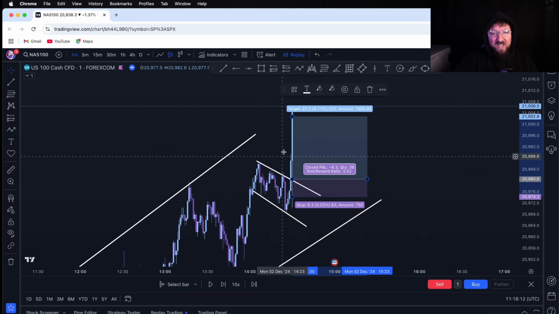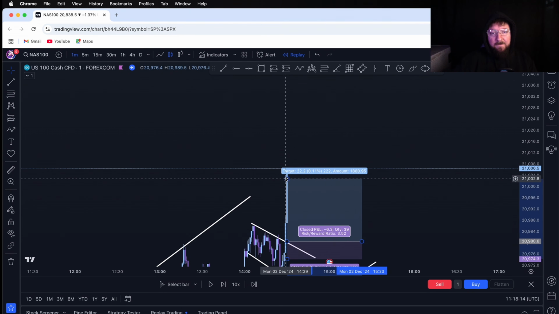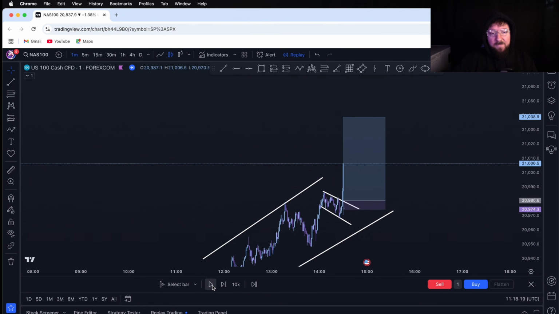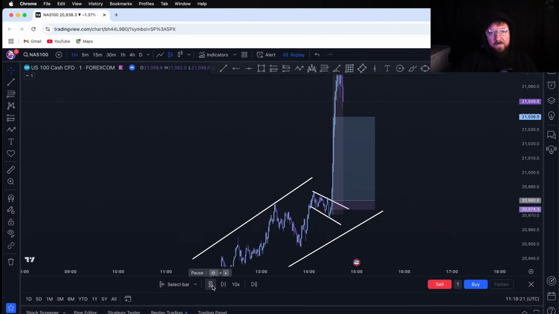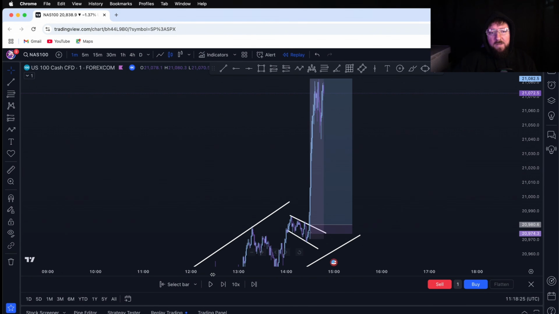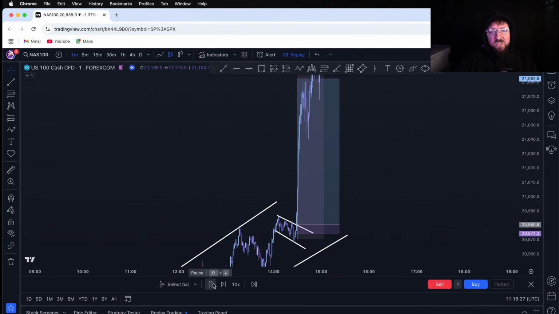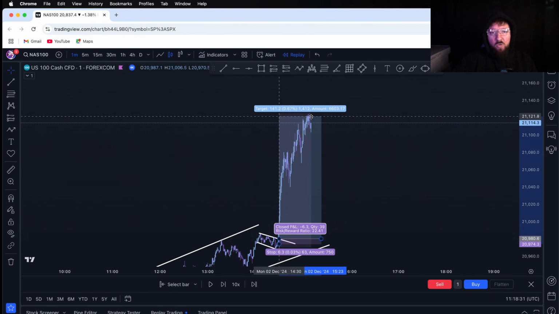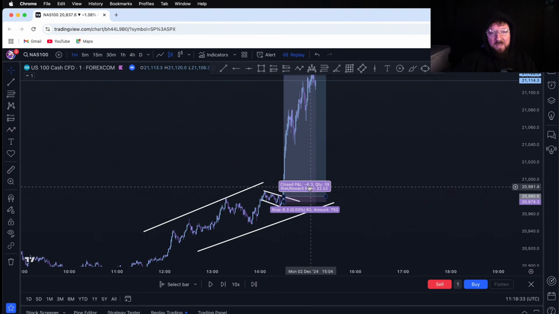But you could get a sniper entry like this. And this is where you could really maximize your profits. This is where sniper entries came from. Like, this is the whole meaning of it. The 1 minute time frame.